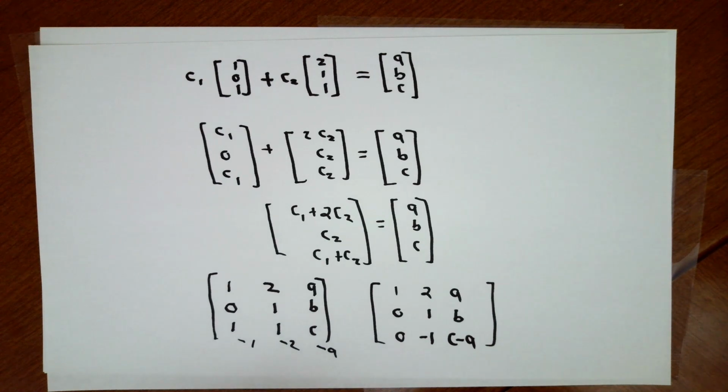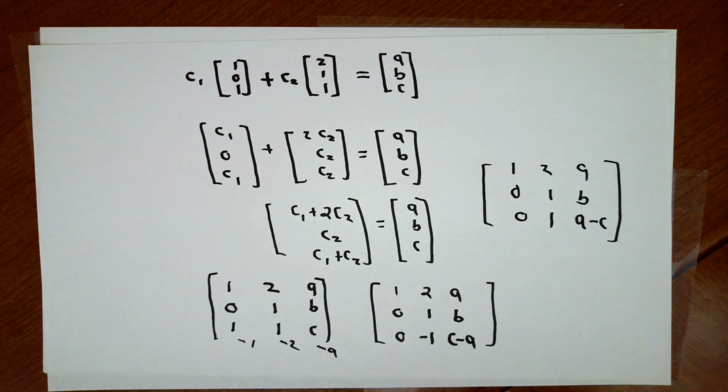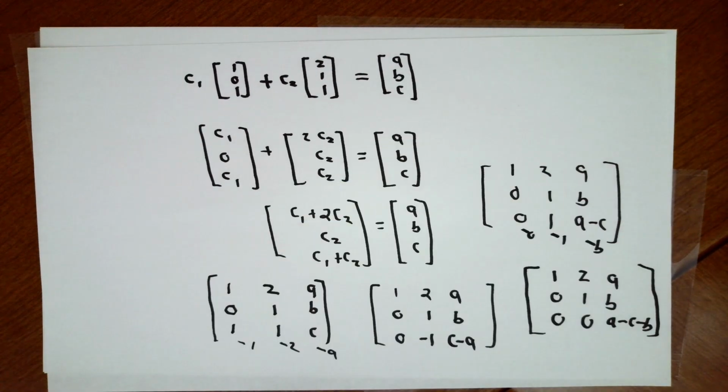After doing that, I'll multiply the bottom equation by -1. I'll subtract the second equation away from the third one. The last equation reads that 0 times c2 needs to be a minus c minus b.